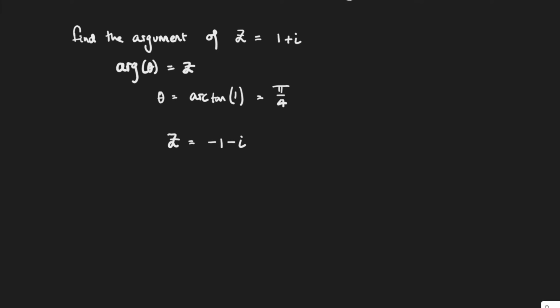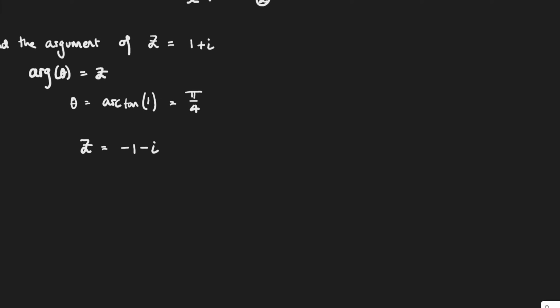Essentially we're going to need to draw a graph to find this out, because for 1 add i, we're looking in this plane here, but for -1 minus i, we're coming down here, so we actually need this angle here.